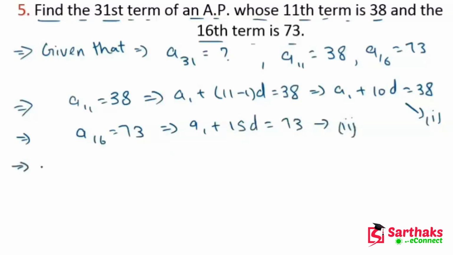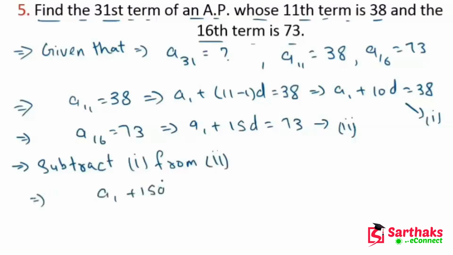Now subtract equation first from equation second. We can write it easily. So A1 plus 15D is equal to 73, and A1 plus 10D is equal to 38. If we subtract it, we get what?